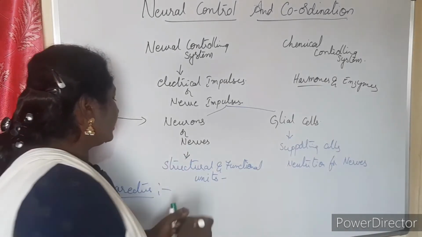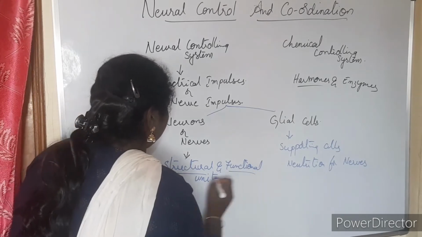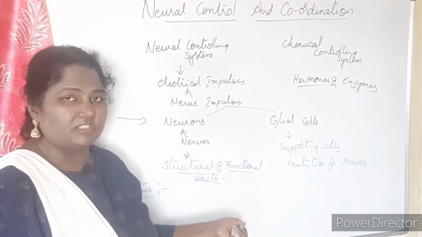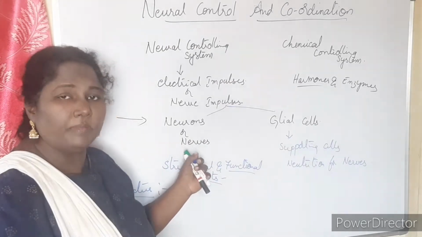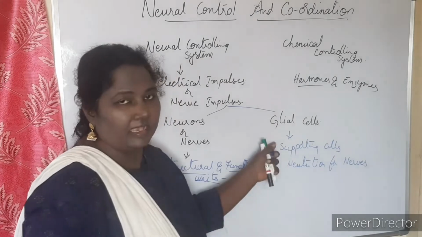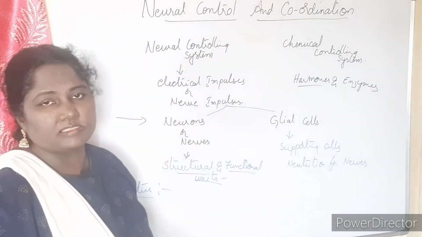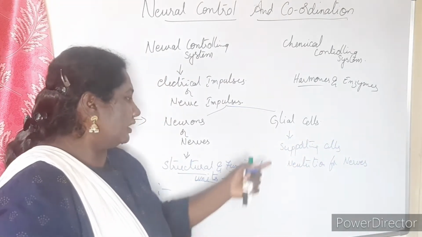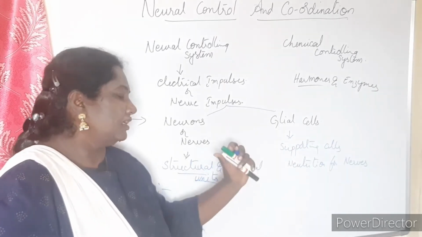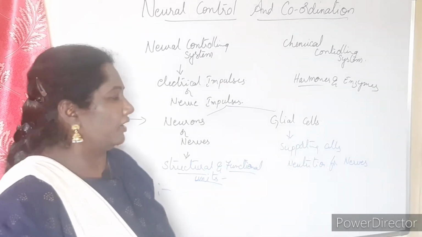These are called the structural and functional units of the nervous system. So the structural and functional units of the nervous system are nothing but the neurons. The other type of cells are the glial cells. These glial cells are called the supporting cells because they give nutrition to the neurons. So they support the neurons.